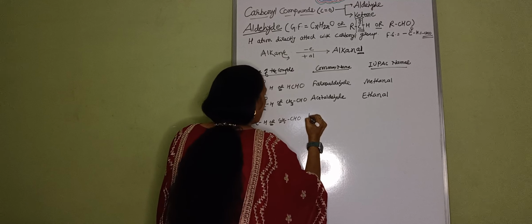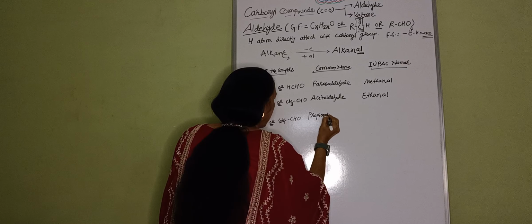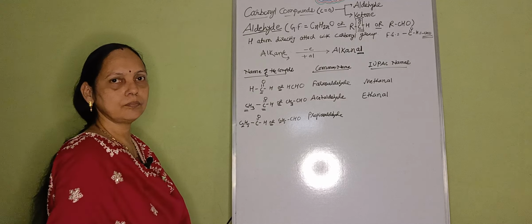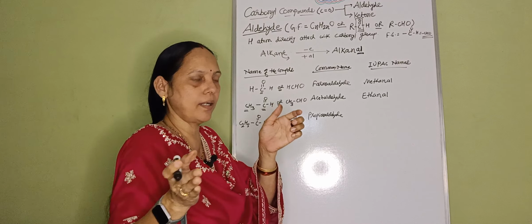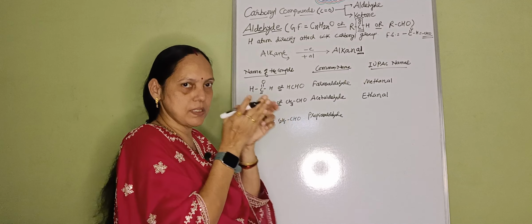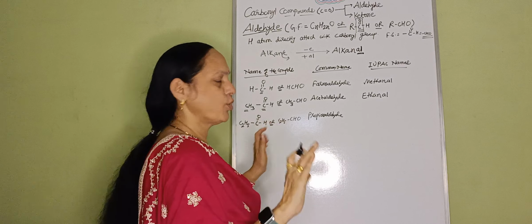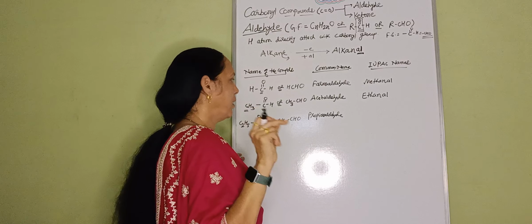The common name for 3 carbons is propionaldehyde. Whenever we increase the number of carbons, the common names get difficult, and that's why we need to prefer the IUPAC nomenclature, which is the easiest method for learning the name.